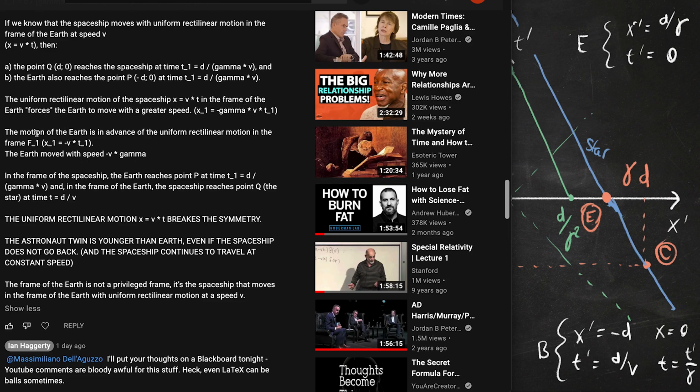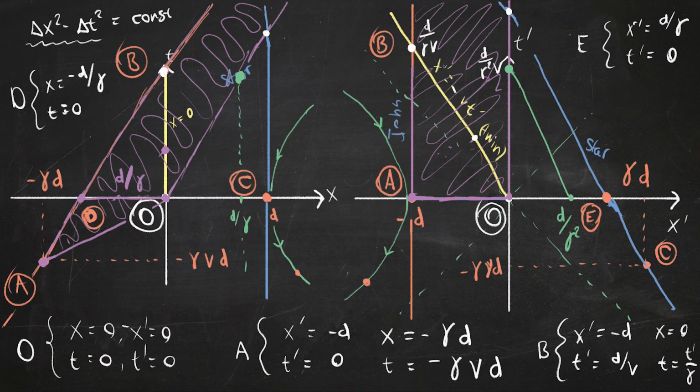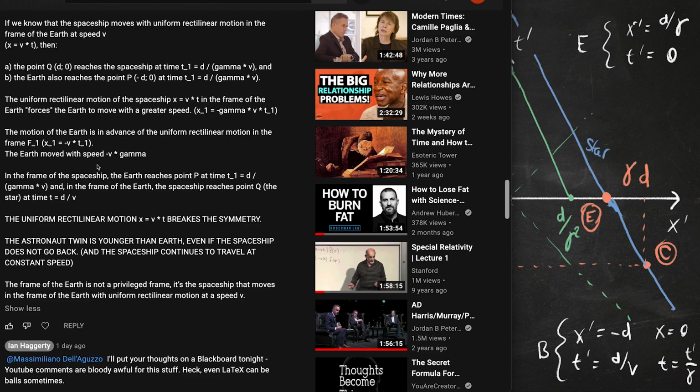So the motion of the Earth is uniform rectilinear motion in the frame F prime: x prime equals negative v t prime. So that's the Earth, yeah. x prime equals negative v t prime, yeah. The Earth moves with speed negative v times gamma.